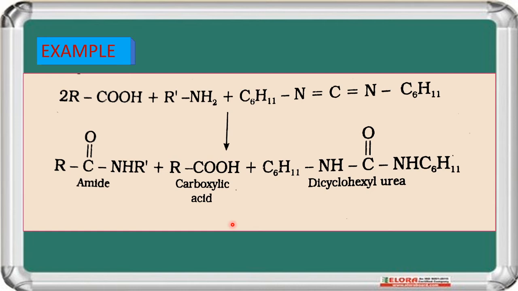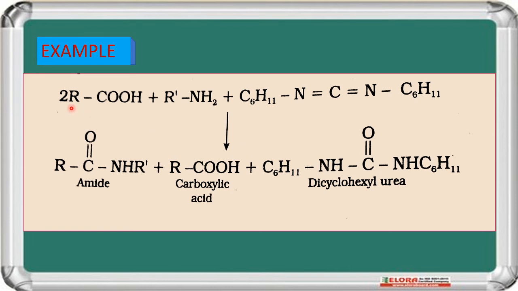Okay. See the example of reactions of DCC with other compounds. Here, first we react the acid and amine with DCC, and there is formation of amide, and carboxylic acid and dicyclohexyl urea. See the molecular formula.